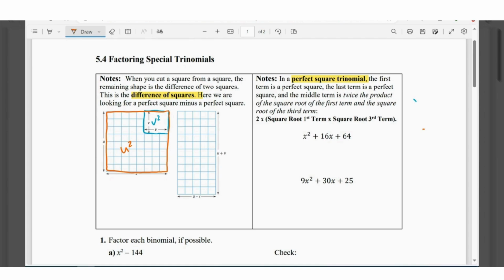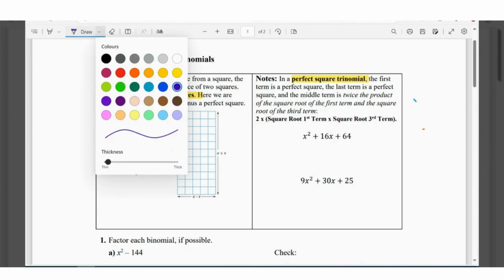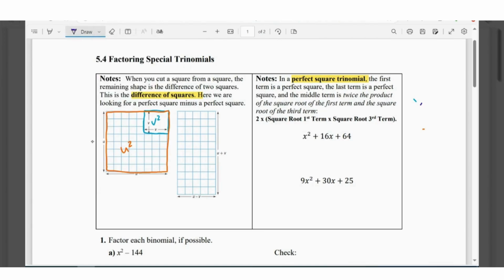And how they get from this shape to this one over here is, imagine we've cut out this section, okay? And what's left, if we take this little rectangle right here and put it right there, now this takes up this section, and this section here would be that section.